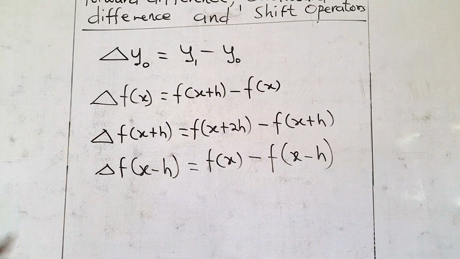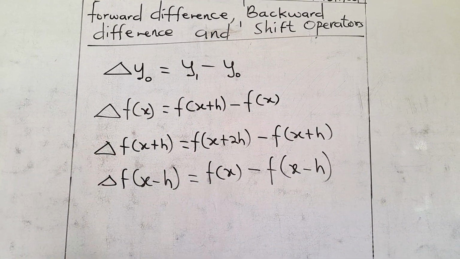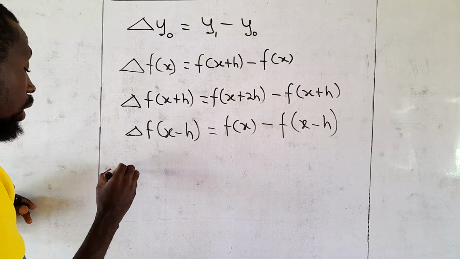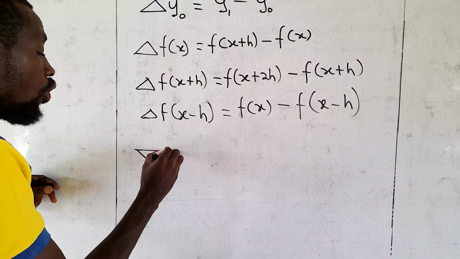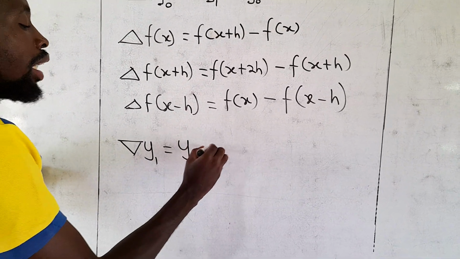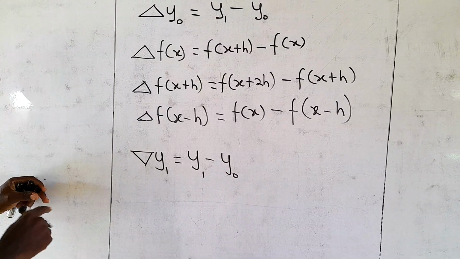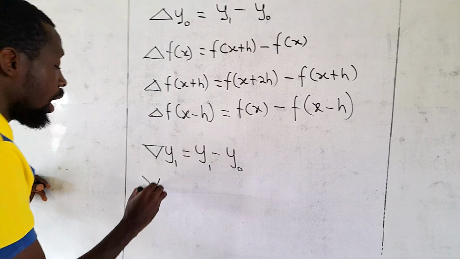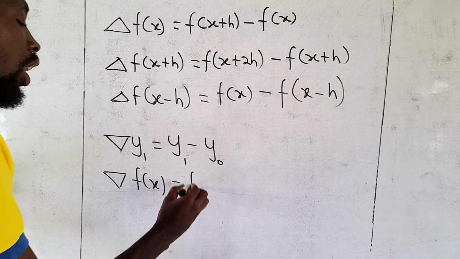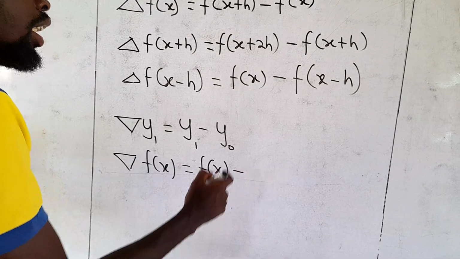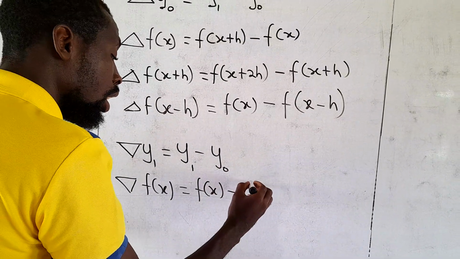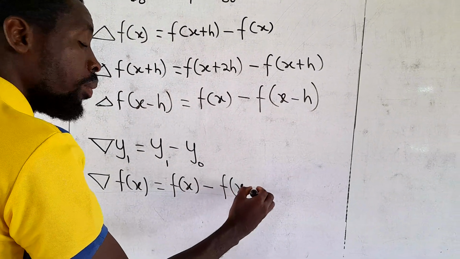Now what of the backward difference operator? The backward difference operator is nabla. Remember we said nabla of y1 is equal to y1 minus y0. So we can conclude that the nabla of a function is equal to the function itself minus a function that is less than that function, that's f of x minus h.